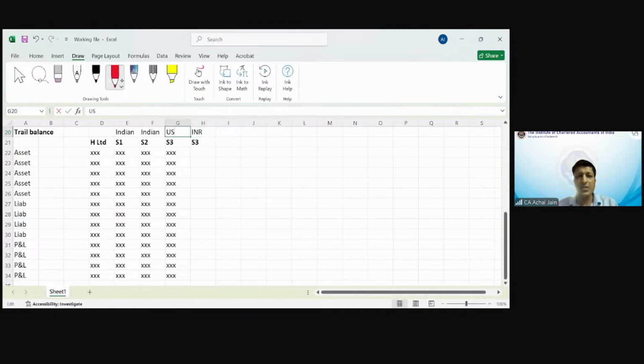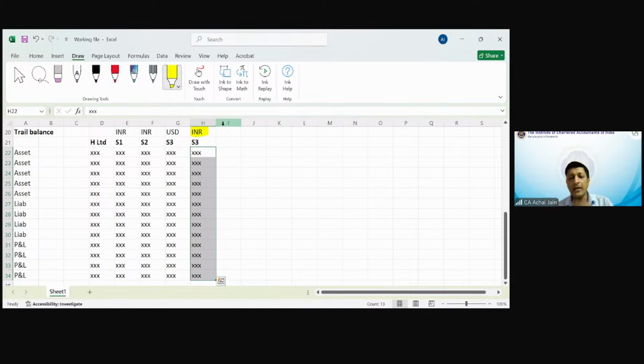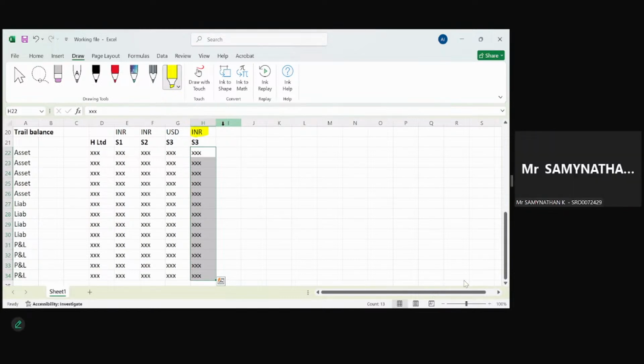Let's suppose this was available in USD. So this will have to be converted in INR as a first step. And also we need to check the accounting period that the subsidiary and the holding company are following, and under which accounting framework.